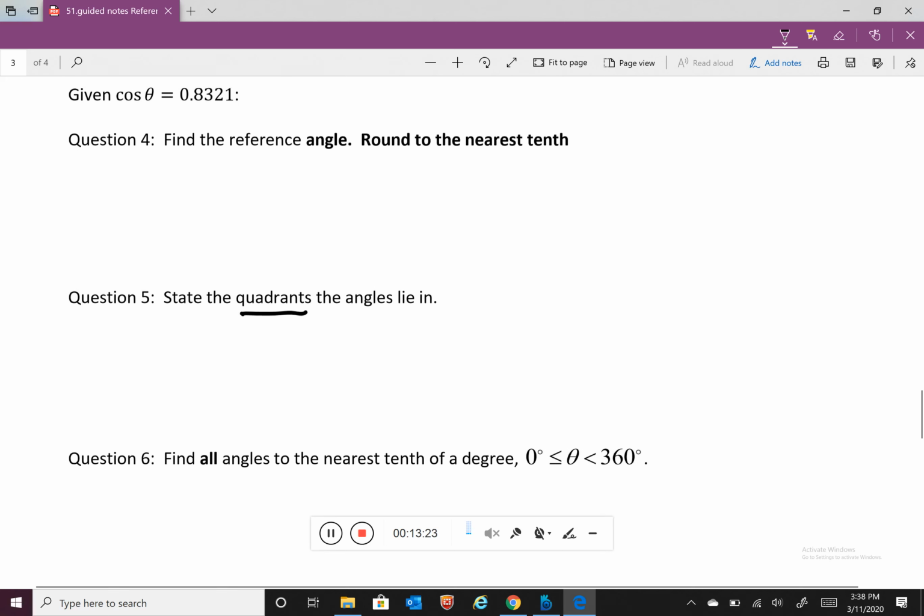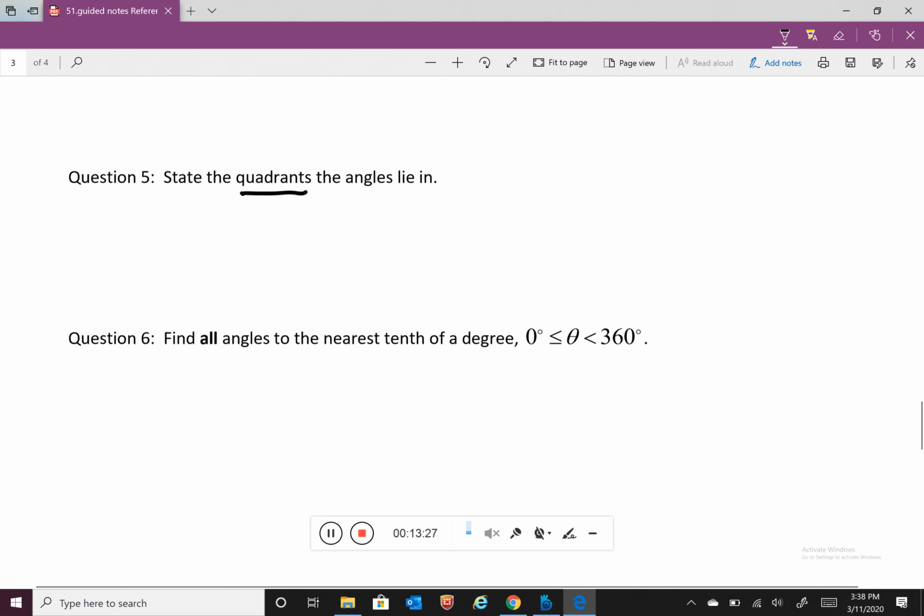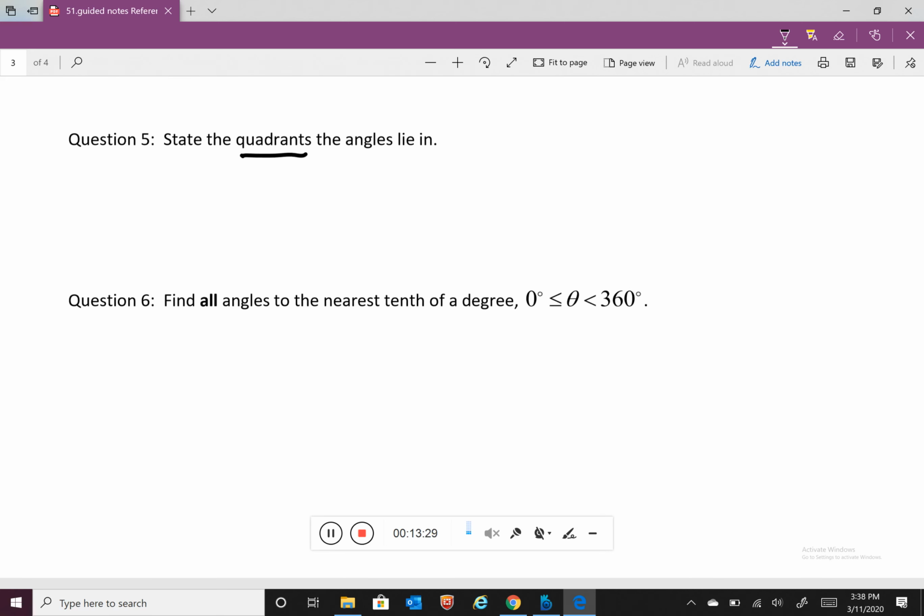And now, given cosine of our angle equals 0.8321, you're going to find all angles that meet that condition to the nearest tenth of a degree, and we're going to limit ourselves to one full rotation between 0 and 360 degrees.